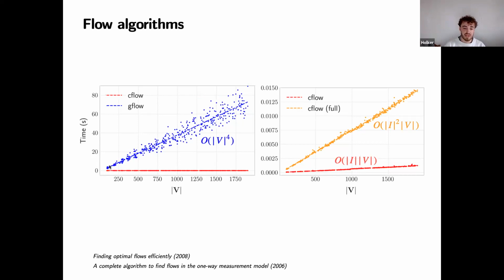Here, these are the different algorithms that you can use to find flow. On the left here is the G-flow algorithm, which you can see scales very badly with the number of vertices in the graph, which means that for checking neighbour unfusion with G-flow, it's not really feasible to do it in the same way, where you check all vertices.